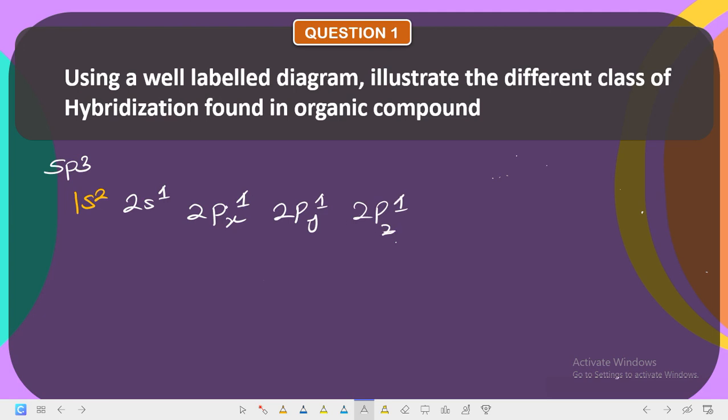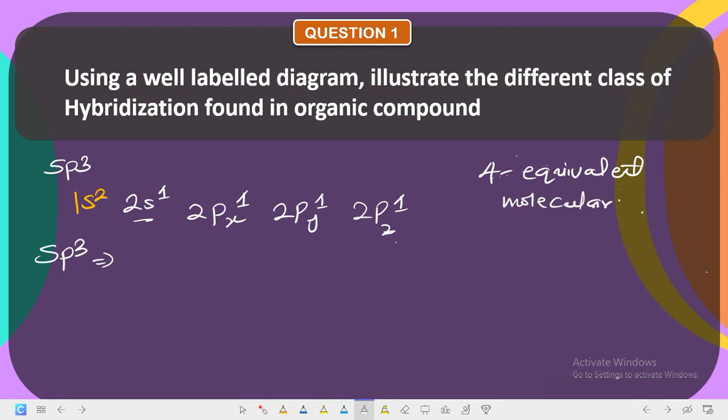Now, in this case, in sp3 hybridization, what happens is the atomic orbitals of 2s and 2p all hybridize to form 4 equivalent molecular orbitals. They hybridize to form how many equivalent? 4 equivalent molecular orbitals.